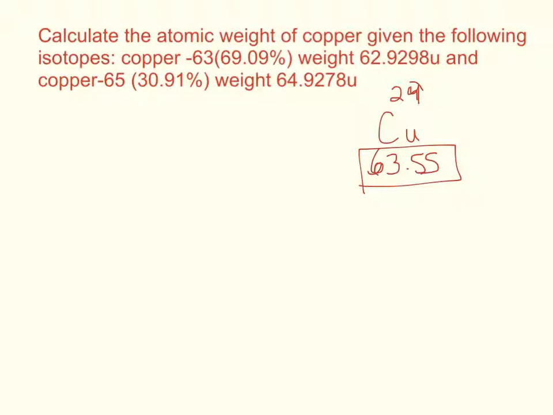So when we're looking at our periodic table, what we really need to keep in mind with our atomic mass is that it's a relative weight. And the term relative weight refers to two specific things. The first being that the element copper and its atomic weight of 63.55 is relative to the different types of copper we have in our atmosphere. And so those different types refer to isotopes.